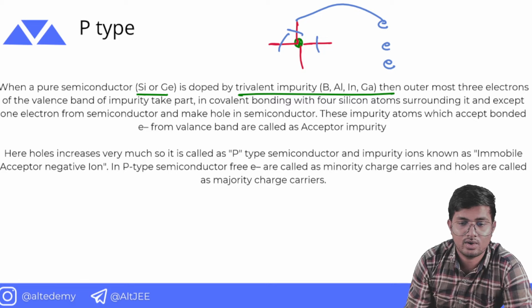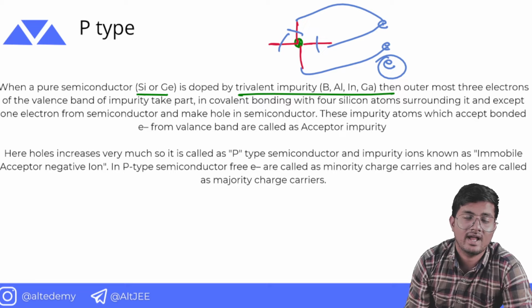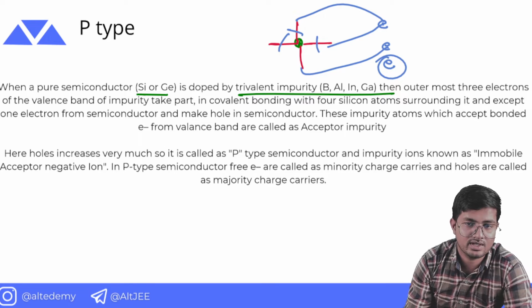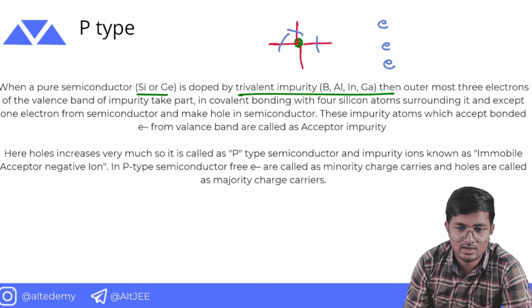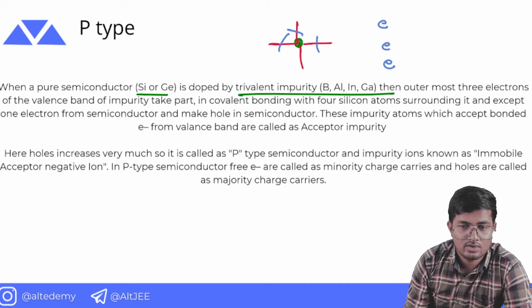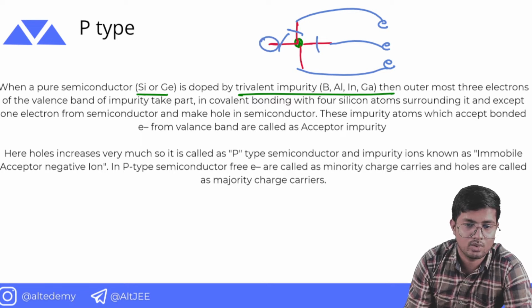I'm sorry, I have drawn a few things wrong, let me correct them. So this electron will take this place and this will take this place. So this is a hole.